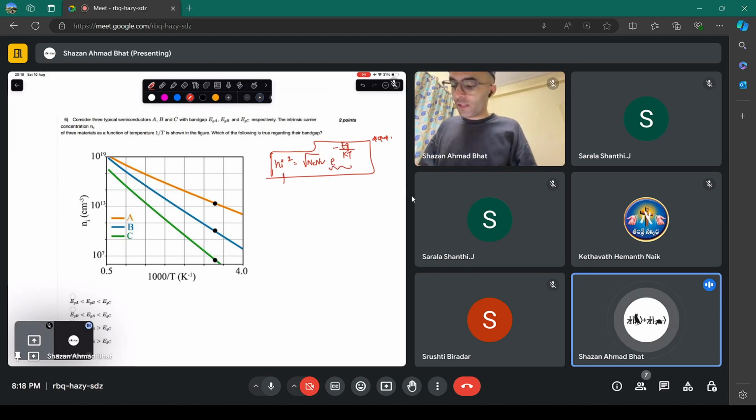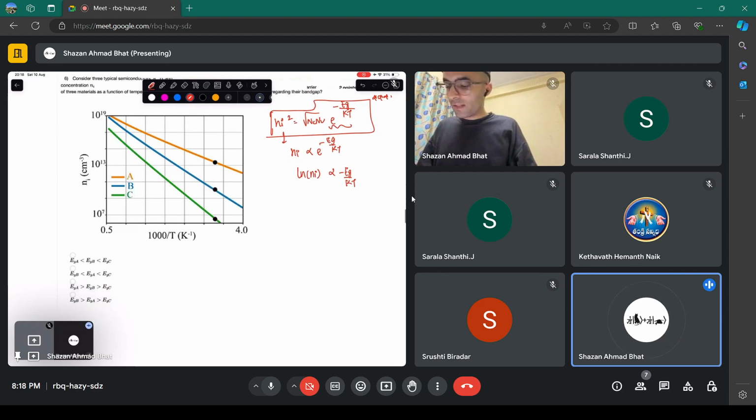From this relation you see that ni is proportional to e to the power minus Eg divided by kT, or ln of ni is proportional to negative of Eg divided by kT. And if you think about it, it is just like a straight line.